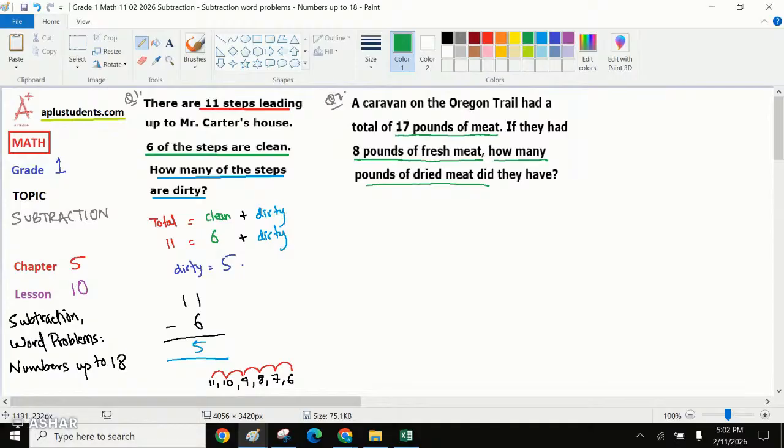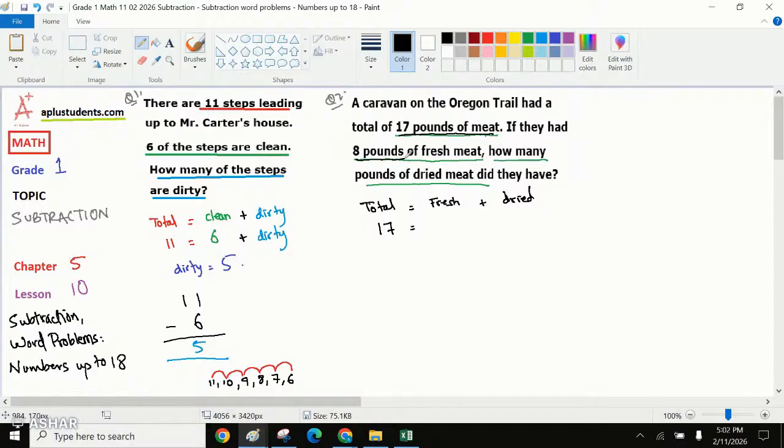So if we have the next question that says the total weight of the meat is, right? So we can say the total we have is 17. Agreed? We have fresh meat plus dried meat.